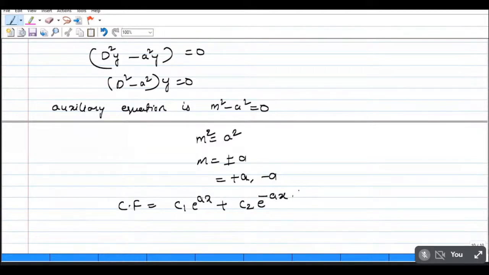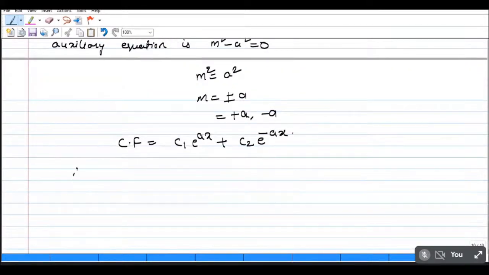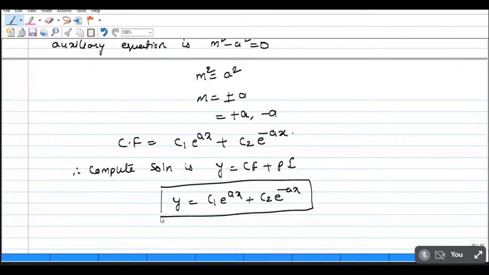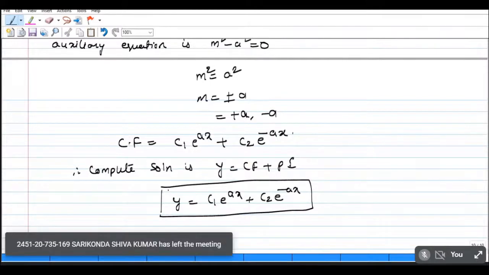These are real and distinct, okay? Therefore, the complete solution is y equal to CF plus PI. Therefore, y equal to C1 e power ax plus C2 e power minus ax. This is the solution. PI is 0 if RHS is 0.